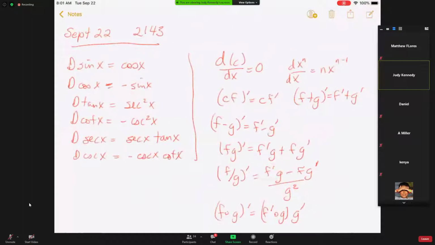All right, we've been talking about the differentiation rules, and yesterday we derived the derivatives for the trig functions. So we're continuing to talk about this. Rules, and I also called them laws.